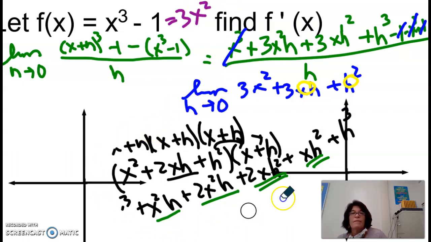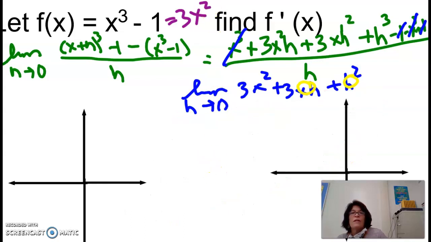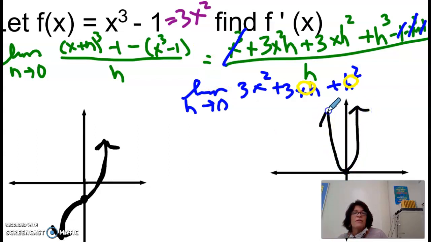Okay? So I just kind of wanted you to look at the graph of this. If I look at x cubed minus 1, you can graph it on your graphing calculator, but it's the nice third degree polynomial going through -1. Okay, the derivative, or the instantaneous rate of change, we're saying is 3x squared. That is a quadratic. Okay, there's the graph of 3x squared. Always positive. Right? I'm never below the x-axis.